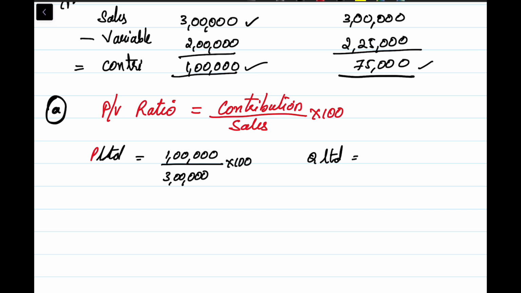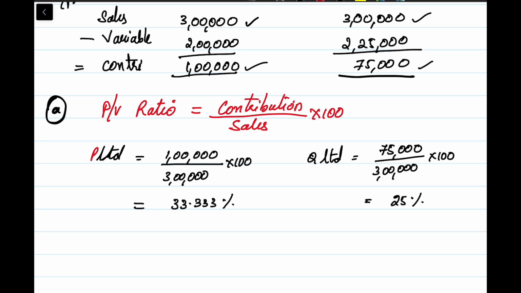Same for Q Limited, 75,000 is your contribution divided by 3 lakh into 100. So for P Limited, 33.33%, for Q Limited 25%, is our PV ratio.